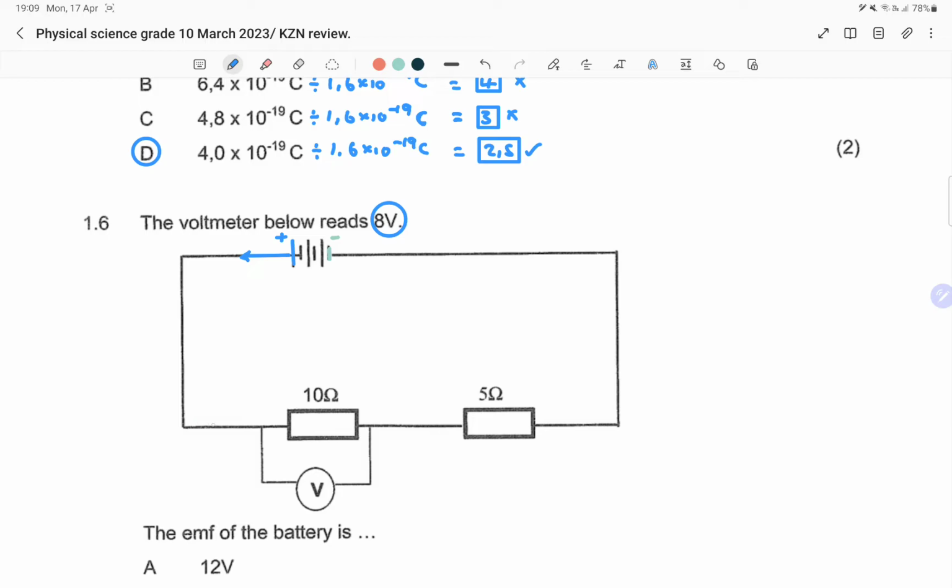So you can see that these resistors are in series with the battery, meaning the total current is what passes through both. And we are told here that this is 8 volts, V is equal to 8. So that means we can find the total current passing through these two resistors.